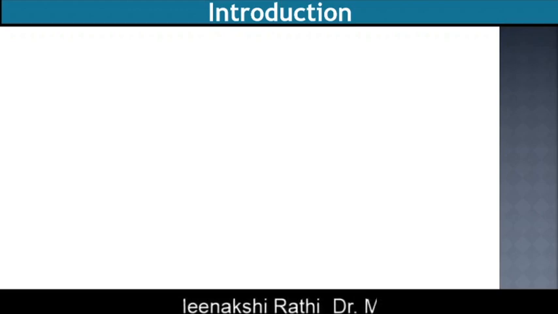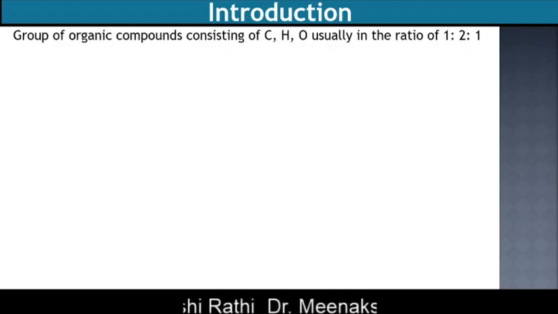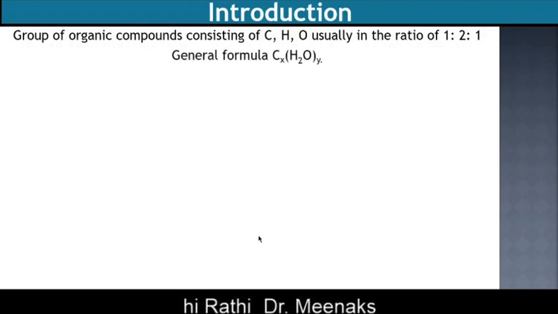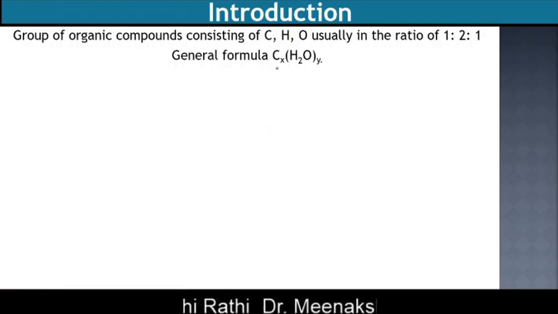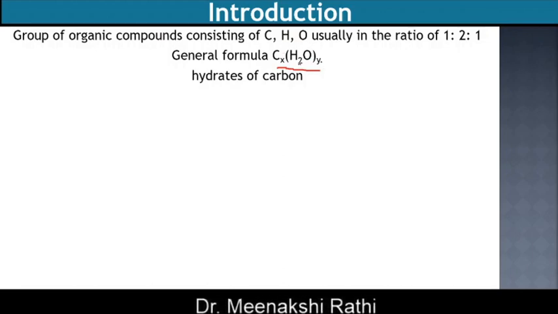Carbohydrates are naturally occurring organic compounds which contain carbon, hydrogen and oxygen in the ratio 1:2:1. So in that sense, the general formula of carbohydrate is suggested to be CxH2yOy, and hence carbohydrates are also called hydrates of carbon.